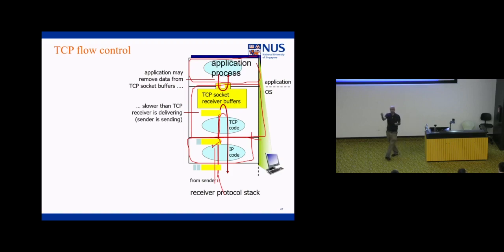But the application will come when it's ready for the data, and then it'll take it. For the time being, what do I do with the data? I store it in the memory. And when the socket is created, what the operating system does is it also allocates some memory to that socket. So when I send data through that socket, I will write in the memory, and then the application process will come and read from that piece of memory.